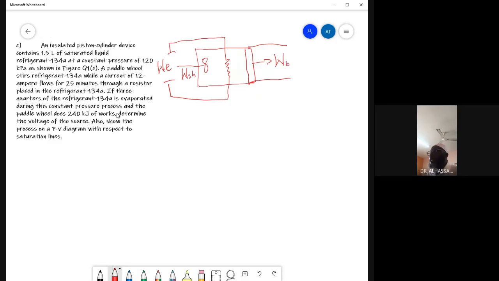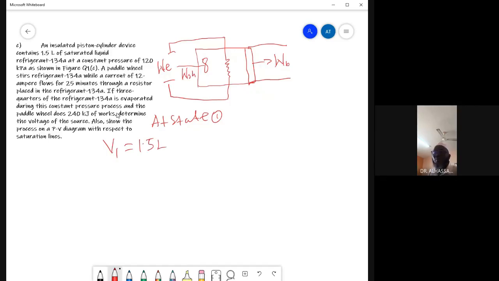Now, the initial condition is that at state 1, the properties are such that V1 equals 1.5 liters.